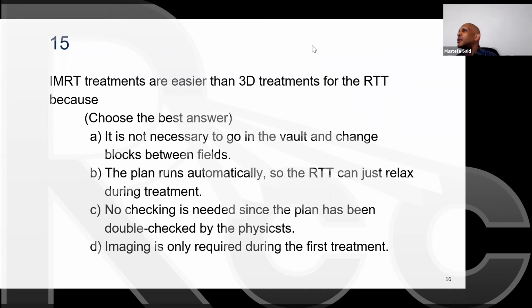Number 15. IMRT treatments are easier than 3D treatments for the RTT because: A, it's not necessary to go to the vault and change blocks between films. B, the plan is automatic, so the RTT can just relax during treatment. C, no checking is needed since the plan has been double checked by the physicist. D, imaging is only required during the first treatment.